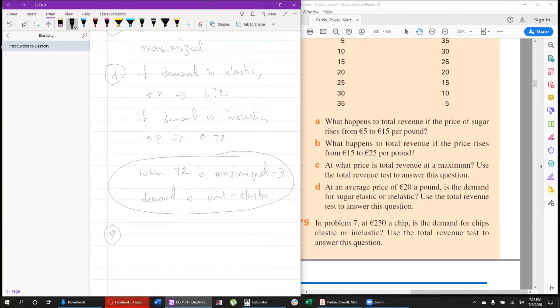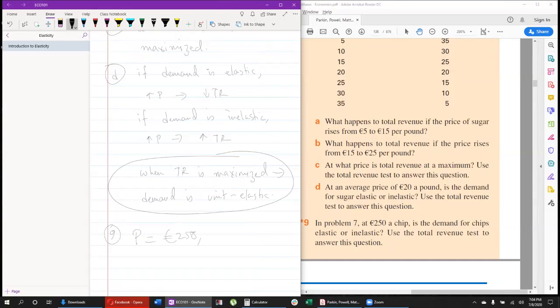In problem 7, the problem that we just solved, at price 250, is demand for chips elastic or inelastic? So here's the thing. Once again, I'm going to do this very quickly.